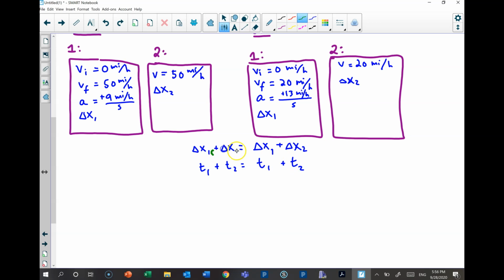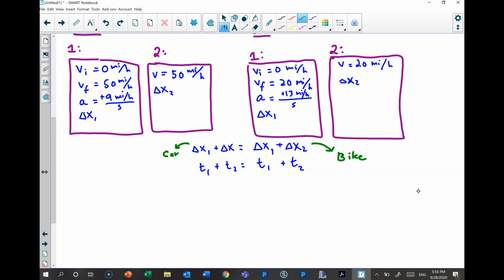Should I add a C here for car, and a B here for bike? This feels like too much. What I like to do instead is I just remember that the left side is car, the right side is bike. But really, this delta x1 is not the same as this. They're different.